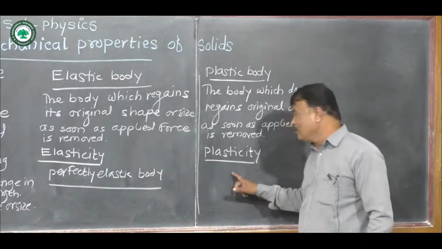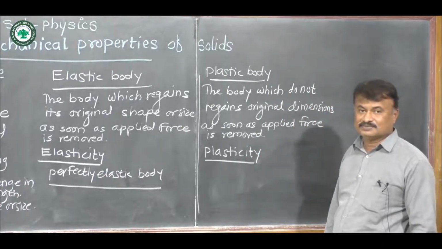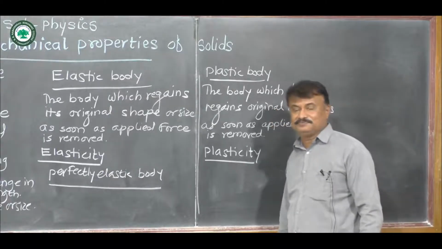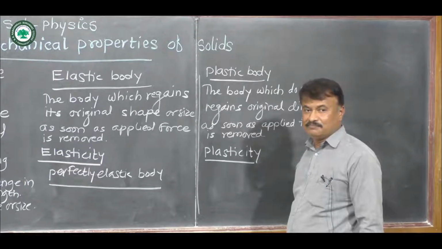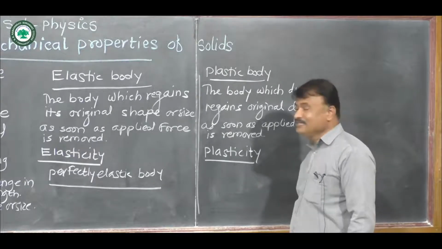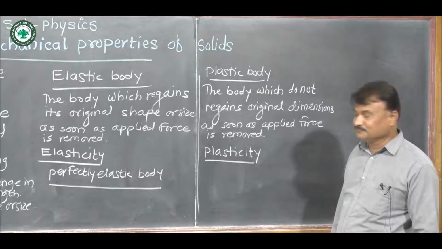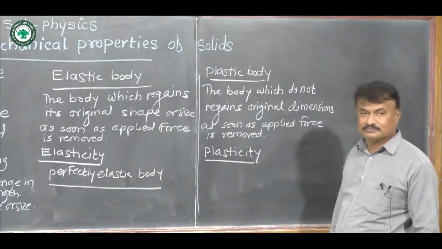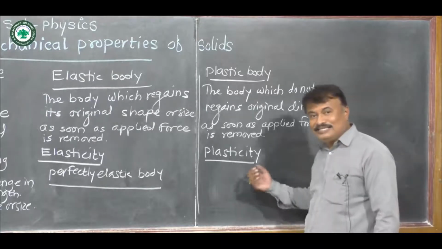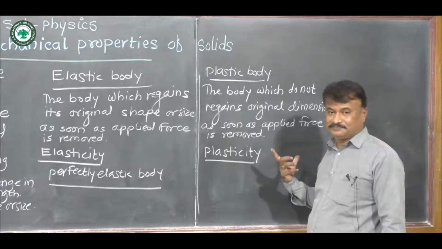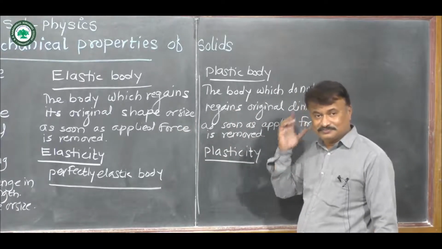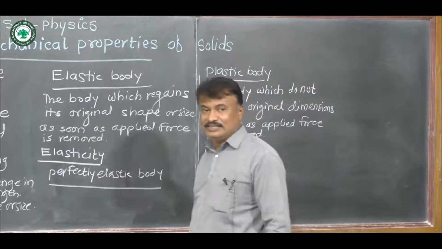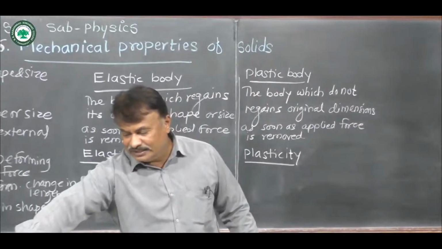Such a property is called plasticity. Examples of plastic bodies are mud, clay and putty. Putty is the ideal plastic body. So this is about the elastic body and plastic body. Now we have to study the elastic nature of solids.